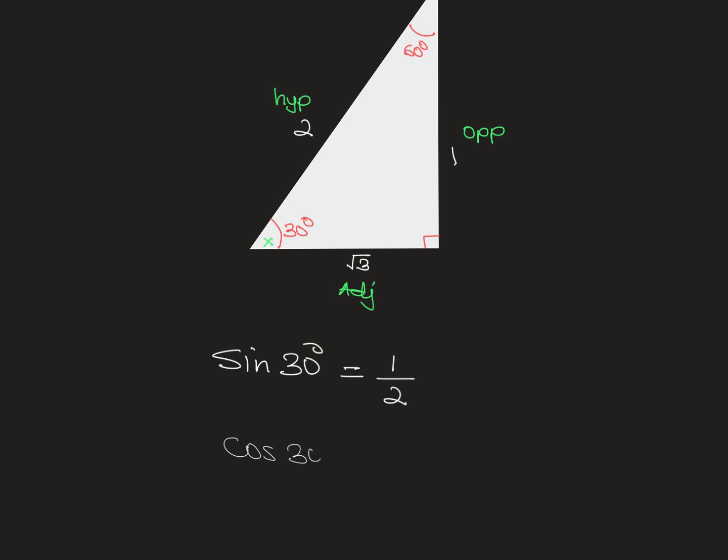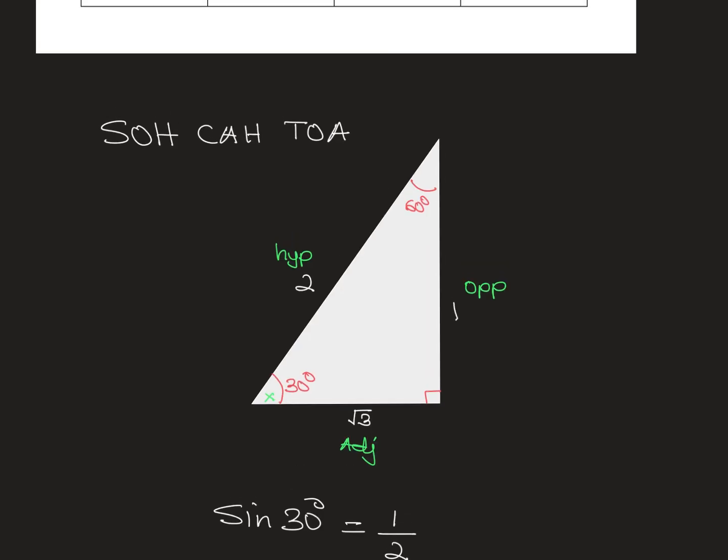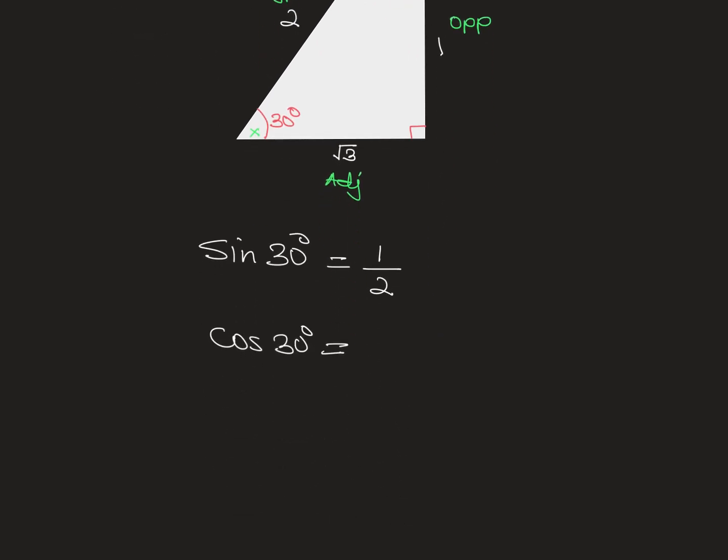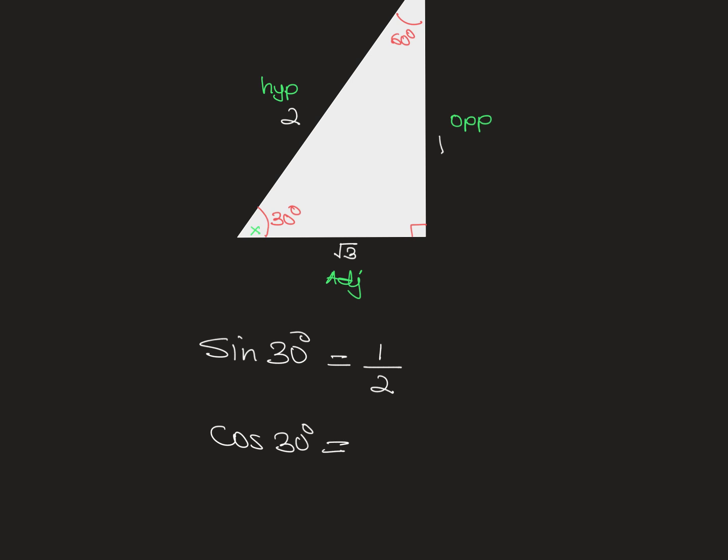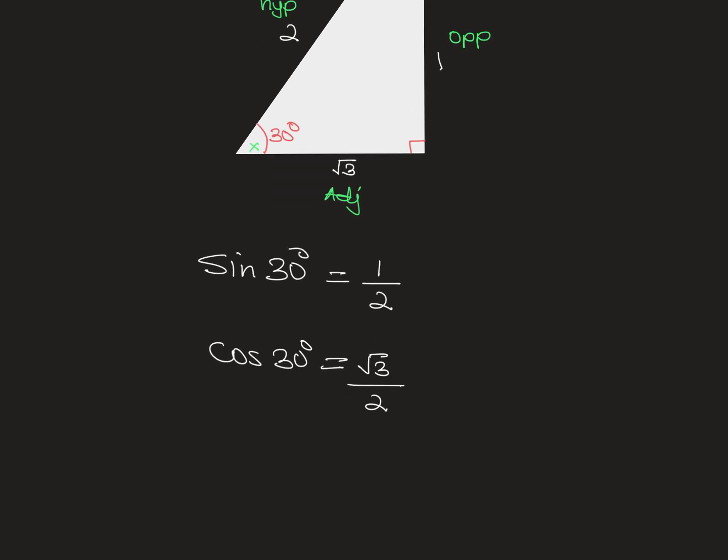Cos 30 will be equal to what? Remember, cos is adjacent divided by the hypotenuse. The adjacent is root 3, hypotenuse is 2. So that is why cos 30 degrees is equal to root 3 divided by 2.